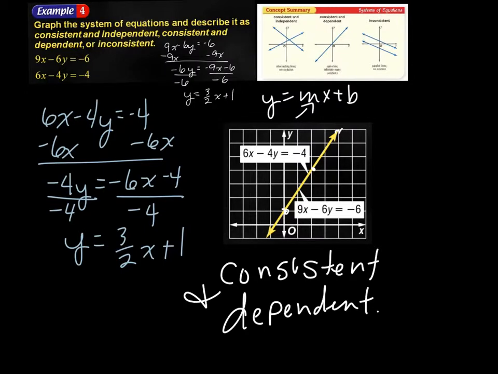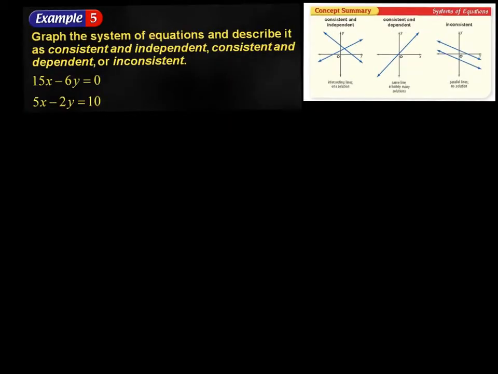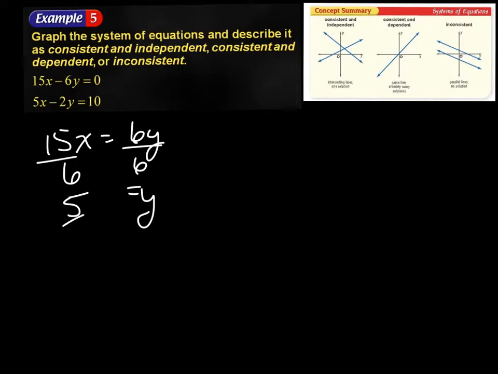Okay, you know where we're going with this next one now. Once again, we're going to solve each equation for y. The first one, I'm just going to add 6y to both sides. That's kind of handy. So 15x equals 6y, divide by 6. And y equals, common factor is 3, so that would be 5 halves x.